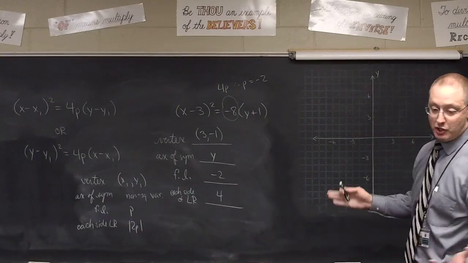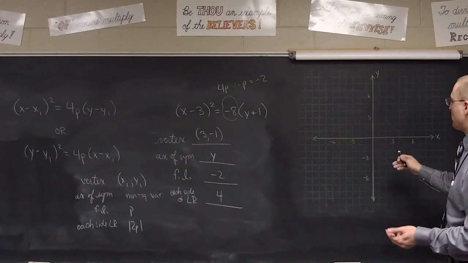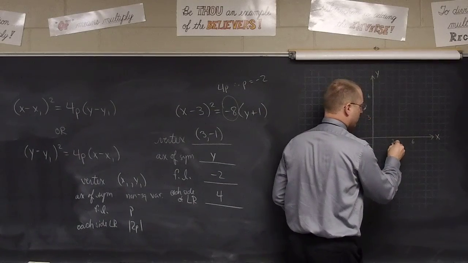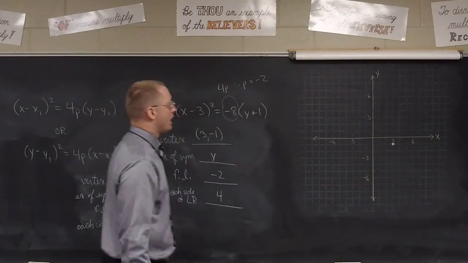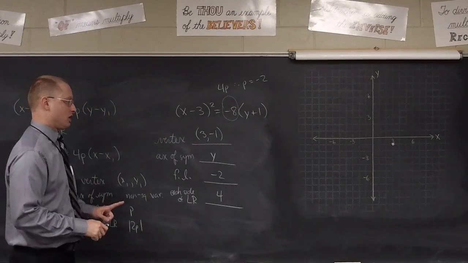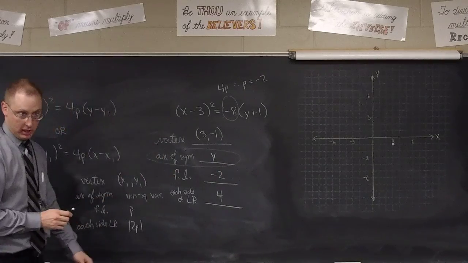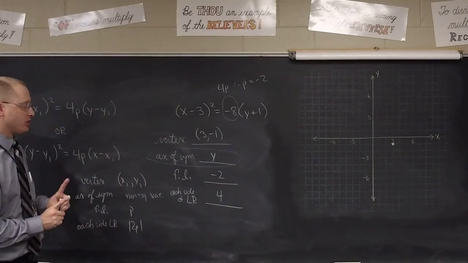First things first, plot your vertex, but instead of putting it at (0, 0), put it at (3, −1), right here in the fourth quadrant. My recommendation is to draw a new axis of symmetry. It'll help you to focus on what's going on.